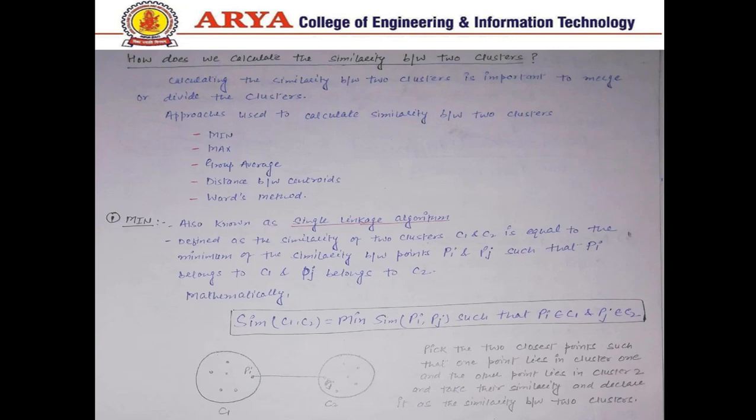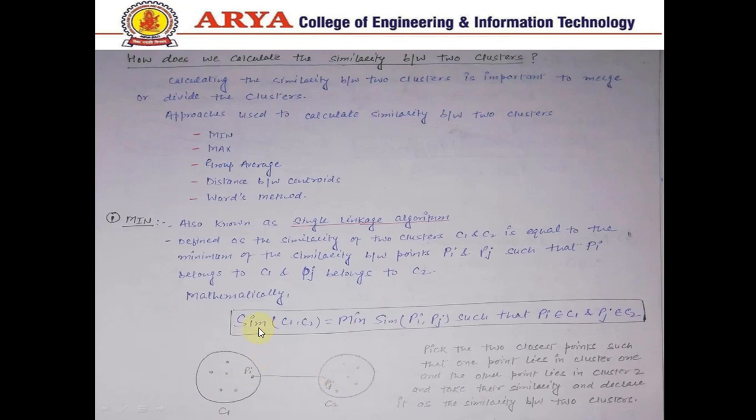Min is also known as the single linkage algorithm. It means we find the minimum distance from cluster 1 to cluster 2. We pick the two closest points such that one point lies in cluster 1 and the other lies in cluster 2, and take their similarity and declare it as the similarity between the two clusters.